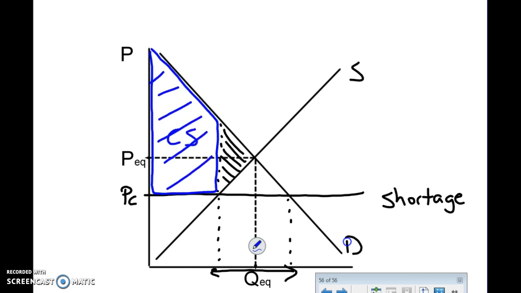So your consumer surplus is going to grow, but your producer surplus is going to decrease. You have a lower price, and everything within the black area has been lost to society. You're ending up with much fewer than you would need in the first place.